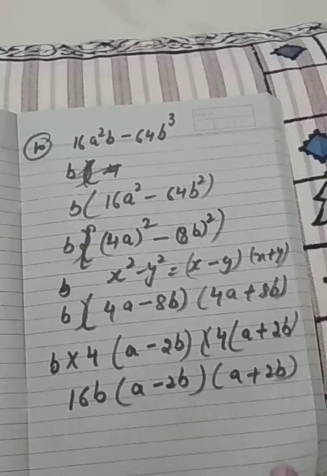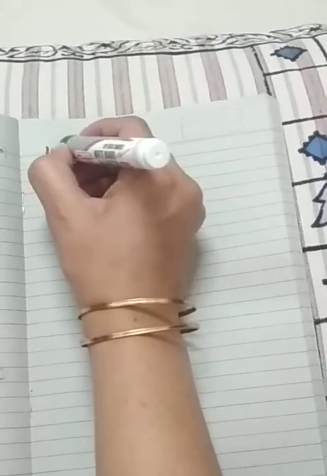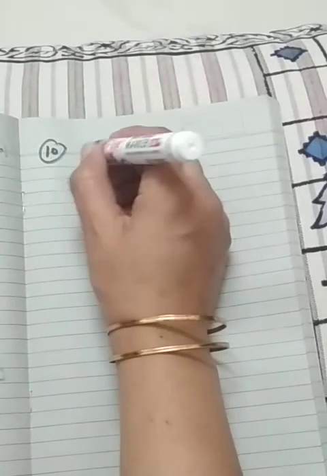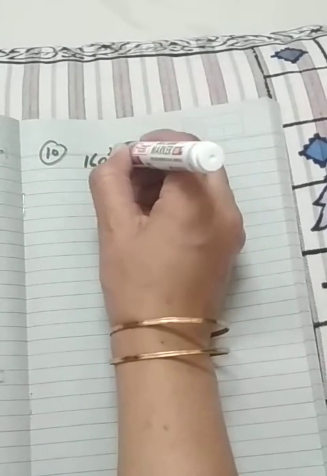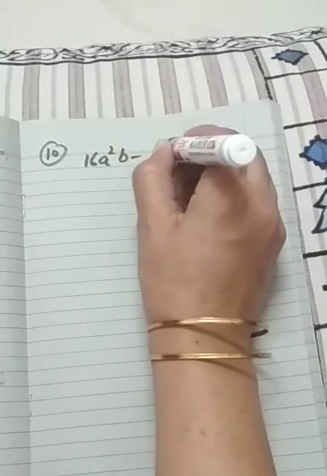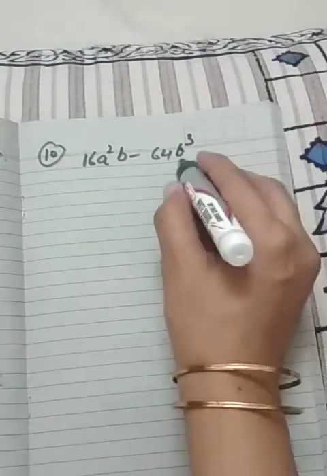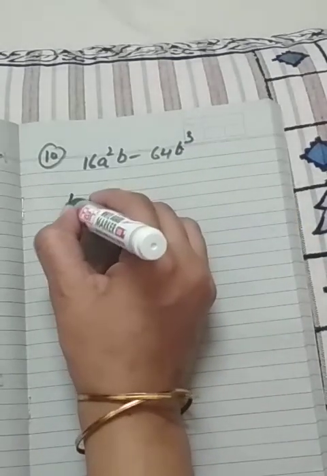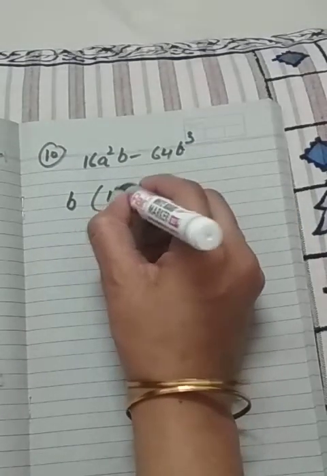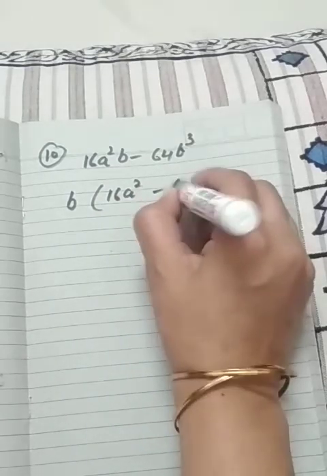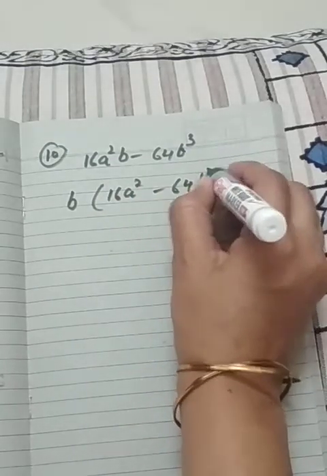Now let's see this question again in the second way. Firstly write the statement of the 10th part. 16 a square b minus 64 b cube. B is common, so we take b as a common. Here left 16 a square minus 64 b square.